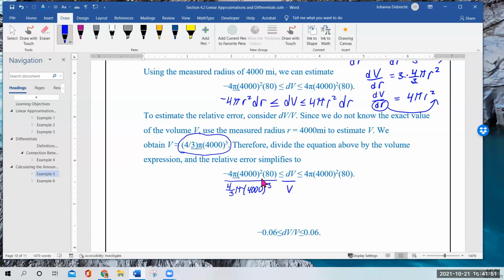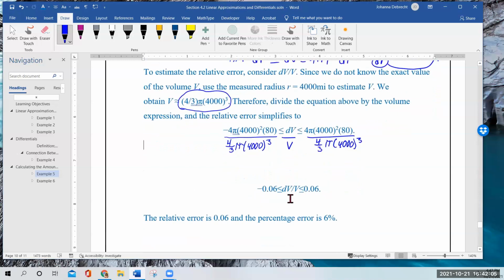When you work out the arithmetic, you will find that you have dv divided by v between -0.06 and 0.06. If you convert these to decimals, it's between a -6% and a +6%. The relative error is the decimal number 0.06, and the percentage error is the percent number of 6%.